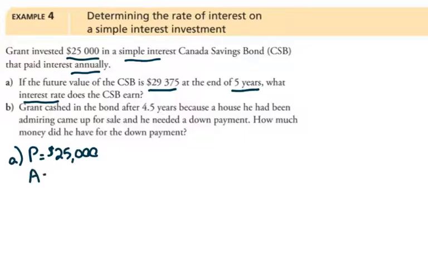That is A. At the end of 5 years, that would be T. And the question is, what interest rate does the bond earn? That is R that we need to calculate this time. Knowing that we're dealing with A, we can use that formula.